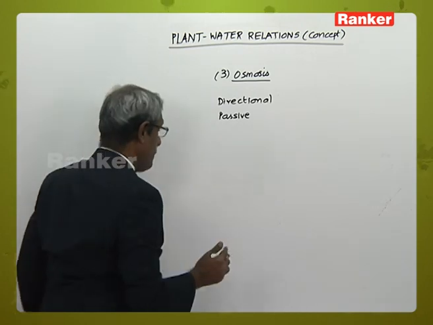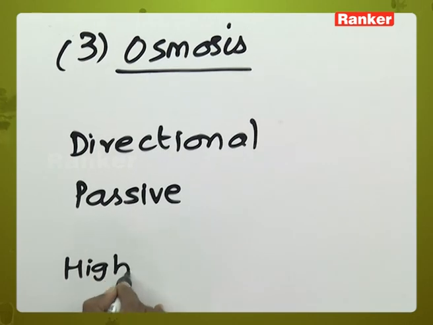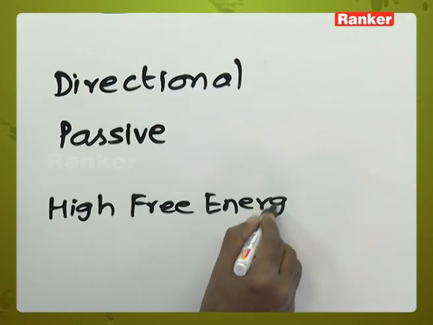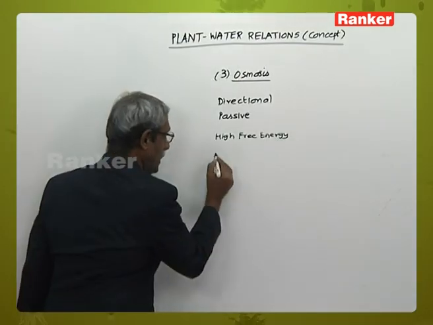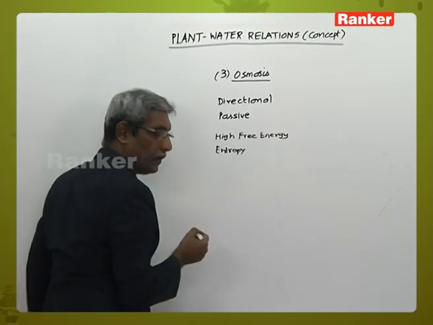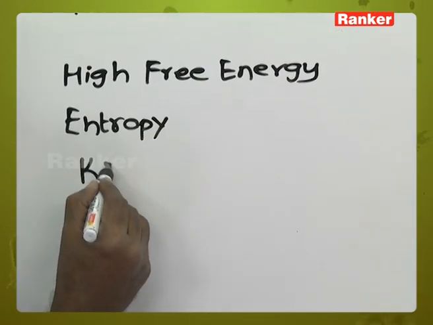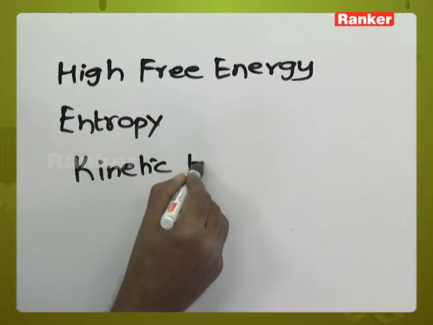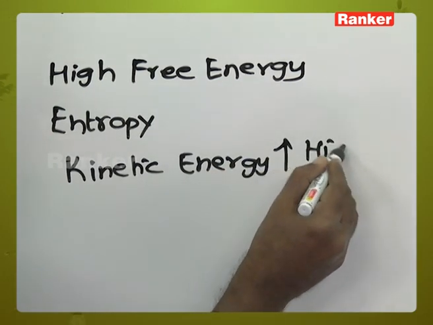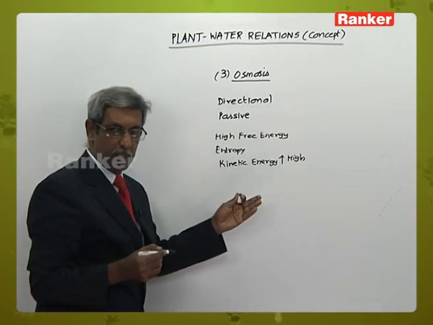It occurs from any particular region of high free energy, that is where the entropy is available in terms of the molecule, where the molecule has more kinetic energy. So, the kinetic energy is high. From a region of high kinetic energy, thereby there is more of collisions.